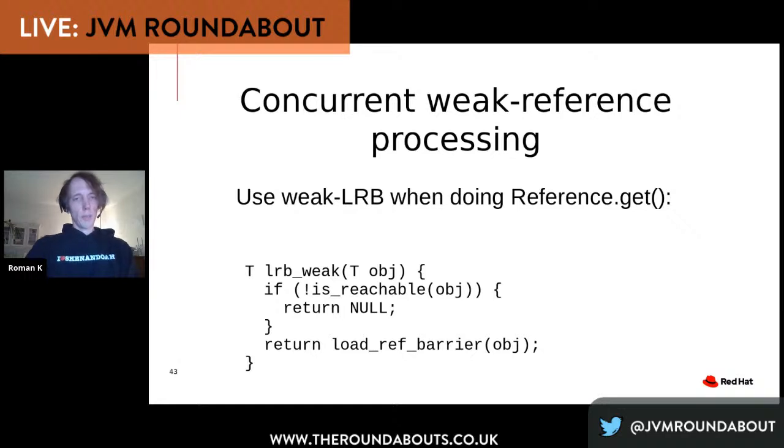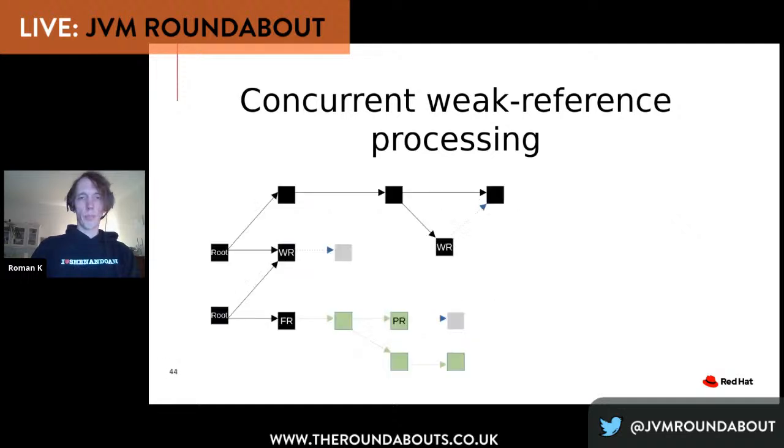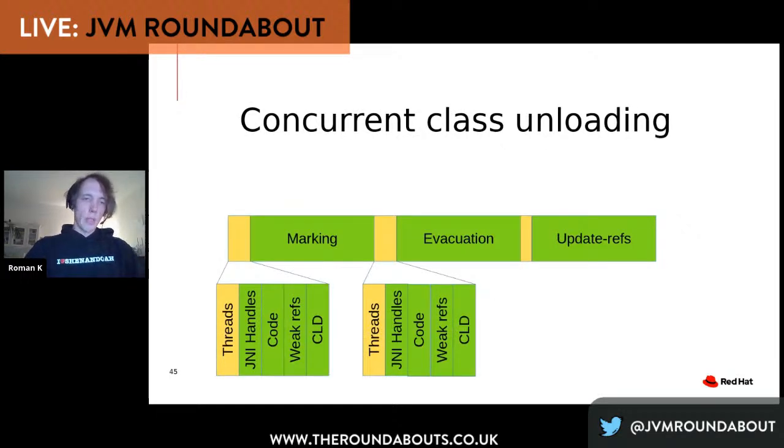So the solution is to do the same sort of barrier that we've seen earlier in the JNI weak handles. Pretend that its referent is null, so that we can clear those references concurrently with the Java program. So I have the diagram again. So this solves the problem of weak references.